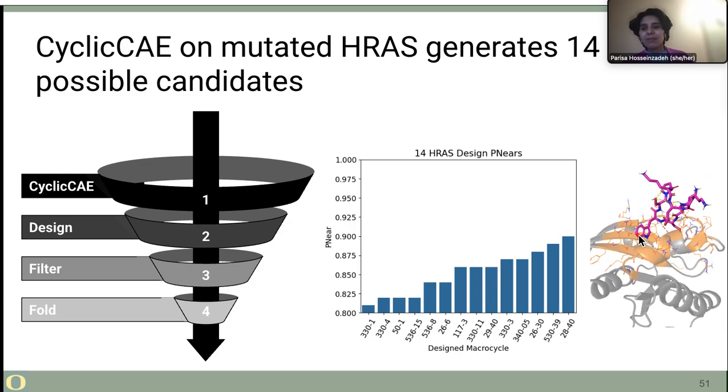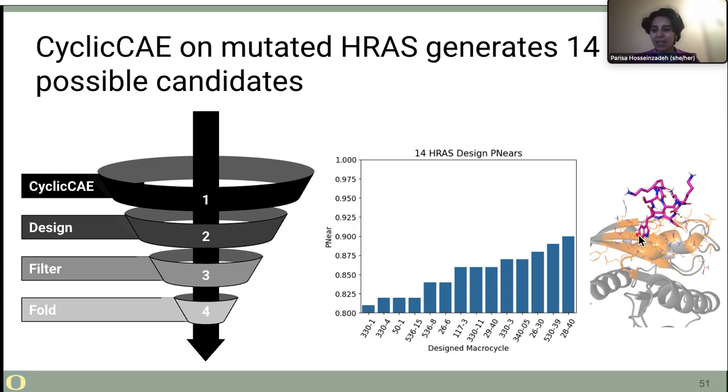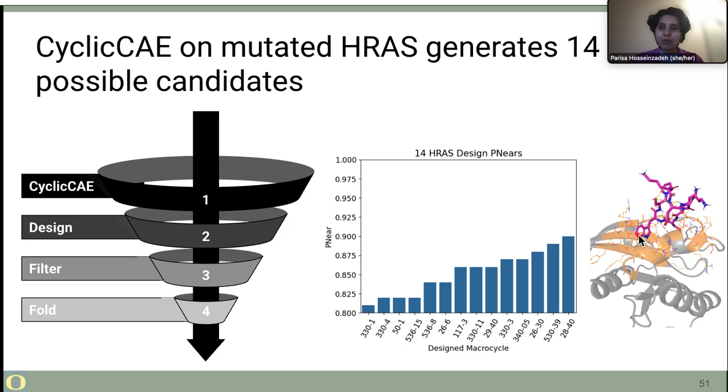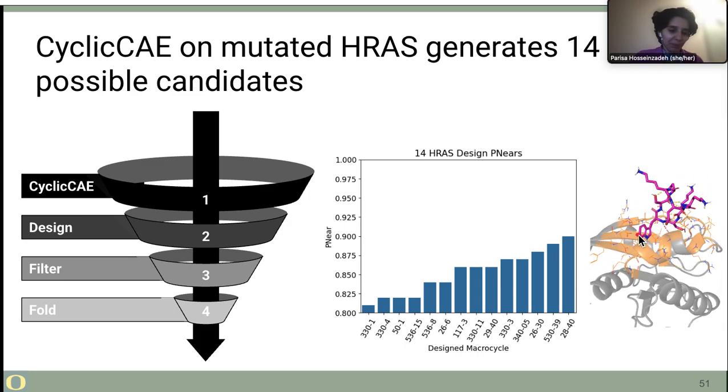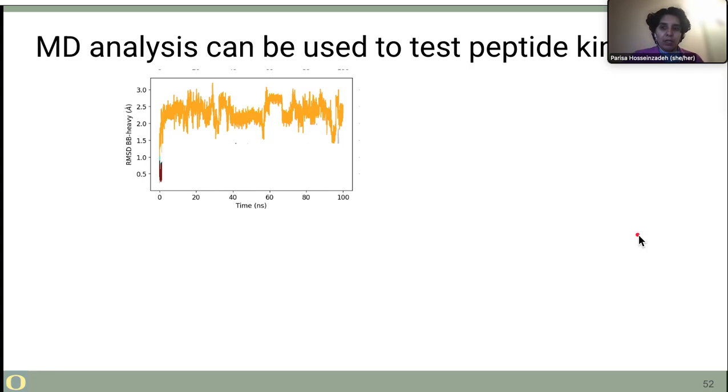And p-near is basically saying how likely it is for you to fold to your native structure. Then we decided to see how it reacts in response to molecular dynamics, showing the peptide control kinetically.